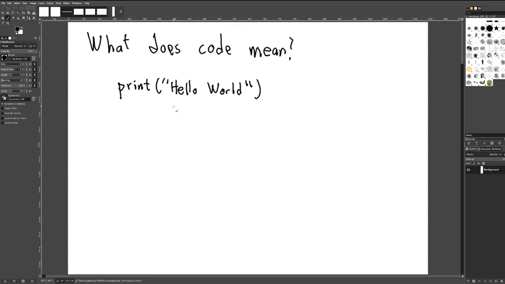What does this program mean? One thing it could be is an instruction to print hello world to the screen.